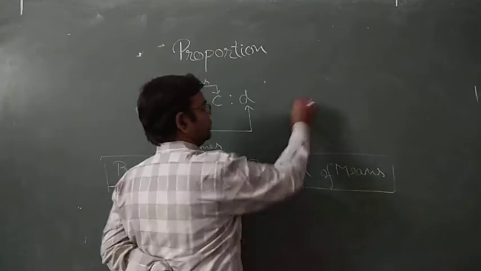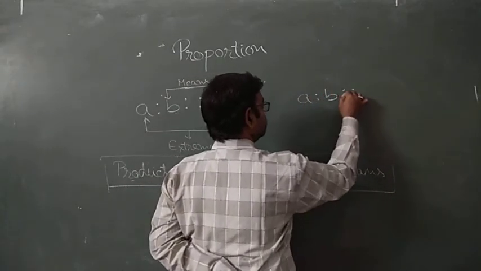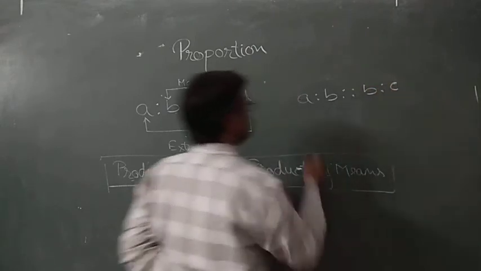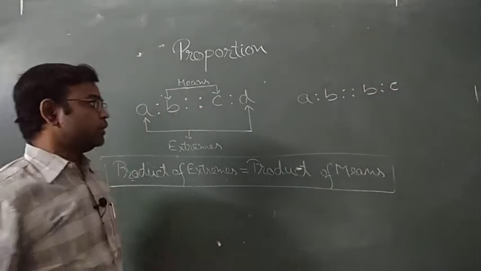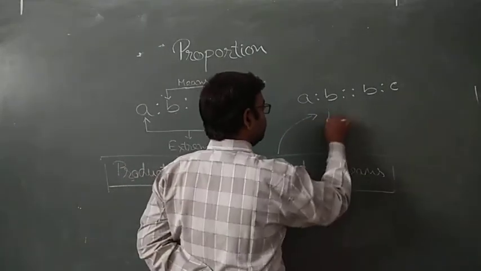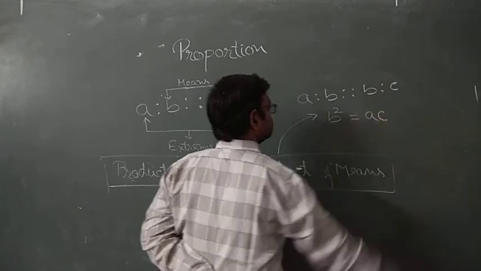We can write it in standard form: A ratio B proportion to B ratio C. As the product of extremes equals the product of means, we can say that B into B, that is B square, equals AC.